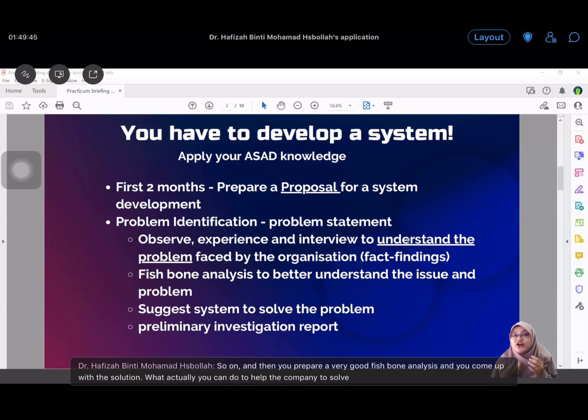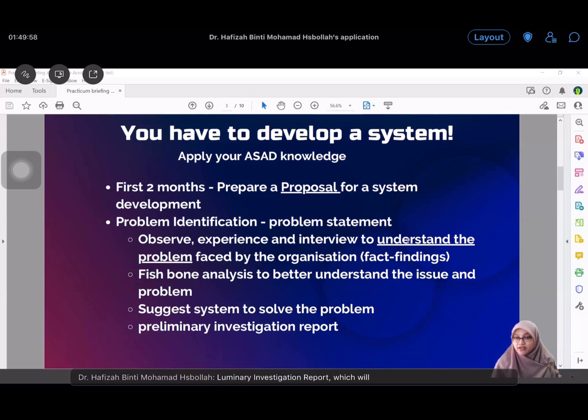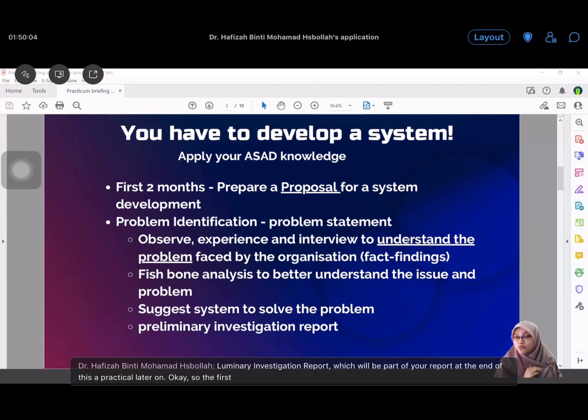At the end of the first 2 months, after discussion with your supervisors, you should be able to prepare a preliminary investigation report, which will be part of your report at the end of this practicum. So in the first 2 months, work hard to identify the problems, do all the fact findings, and suggest a solution.